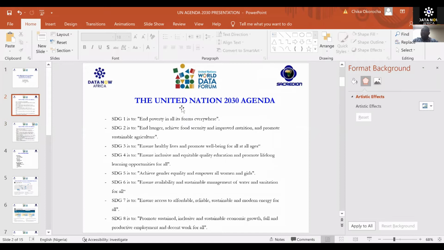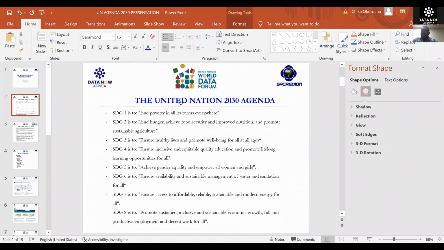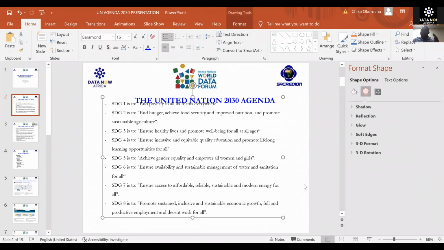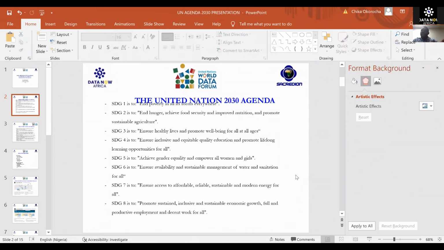Let me just move it up a little bit. So 8, promote sustained, inclusive, and sustainable economic growth, full and productive employment, and decent work for all.